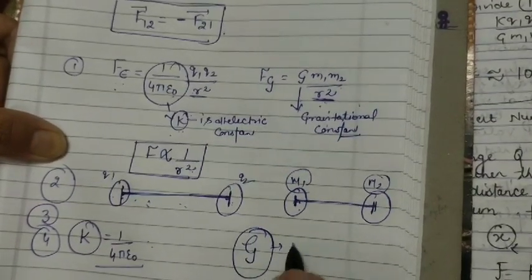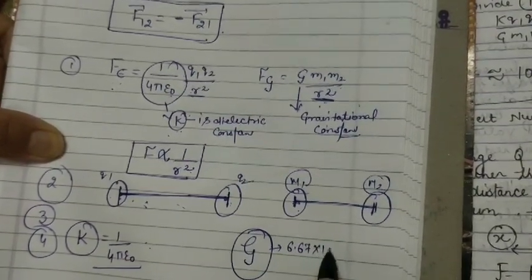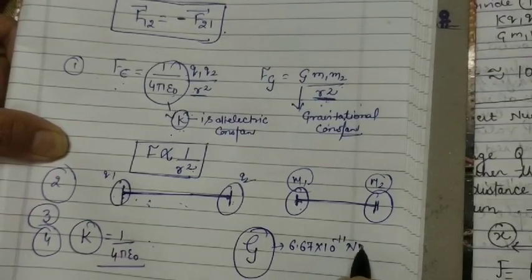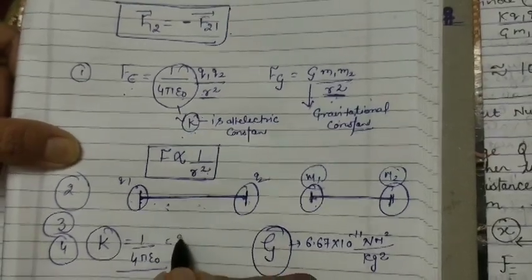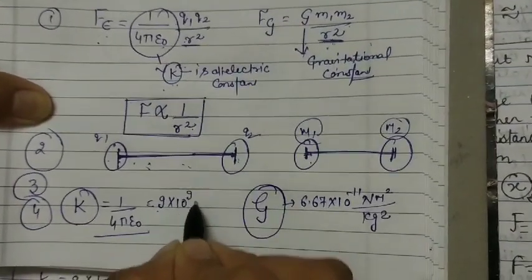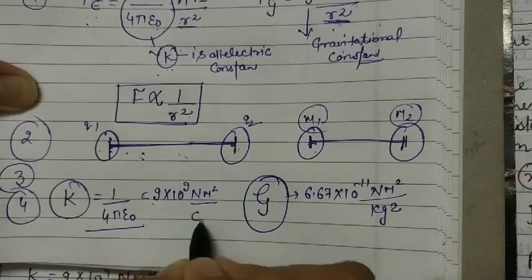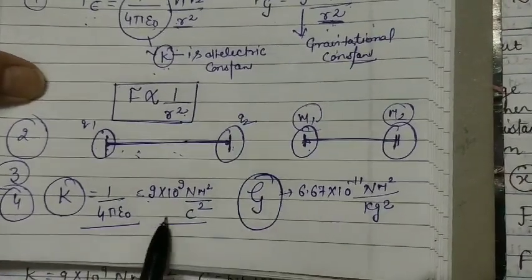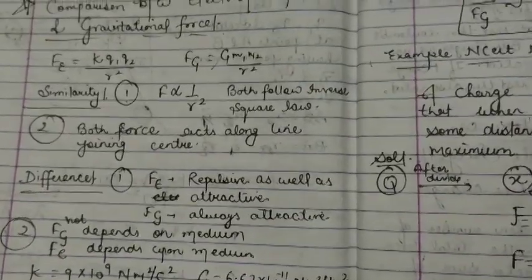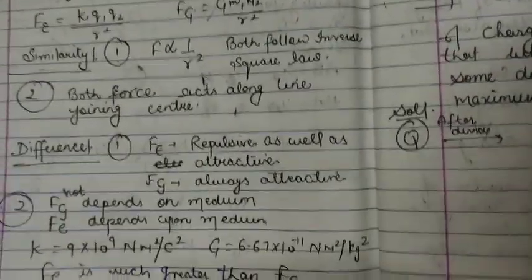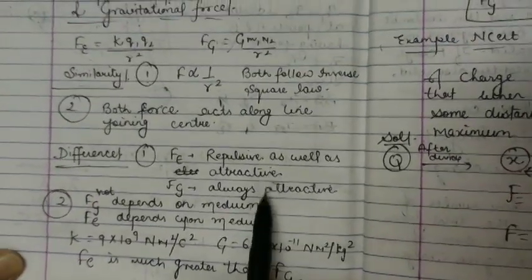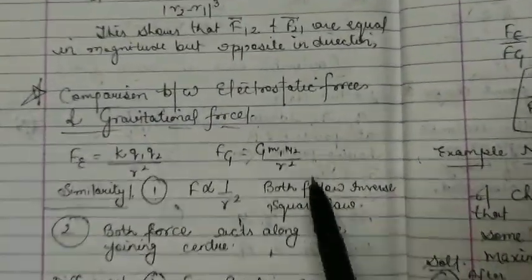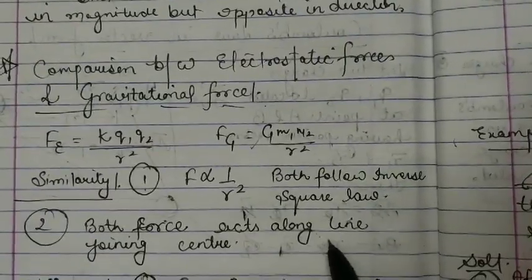Its value is 6.67 into 10 raised to power minus 11 Newton meter square per kilogram square, where K is 9 into 10 raised to power 9 Newton meter square per Coulomb square. From both these values, it means electrostatic force is much greater than gravitational force. This is the difference between these two forces, and these are the similarities between these two forces.